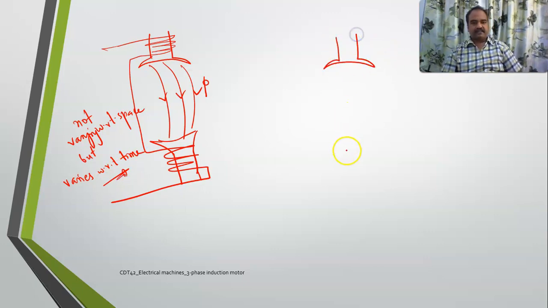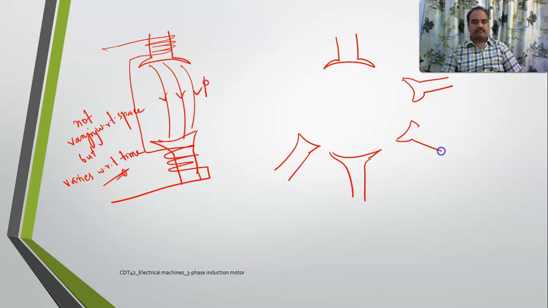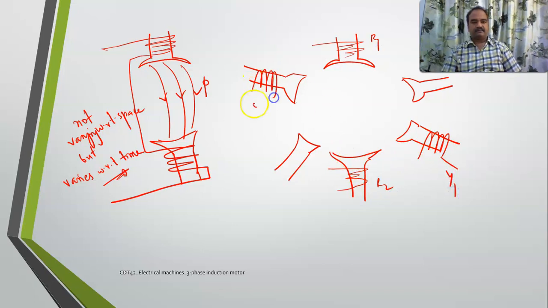Now, let us suppose I take this. This is one: R1 and R2 are connected, and take this as Y1 and Y2, and this as B1 and B2.